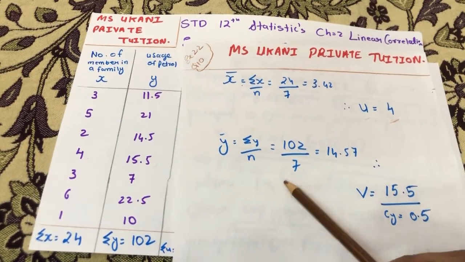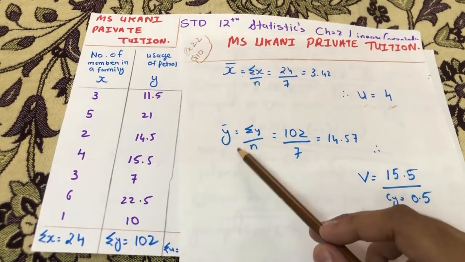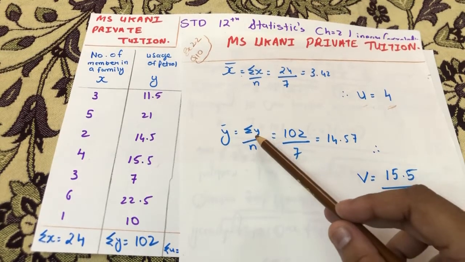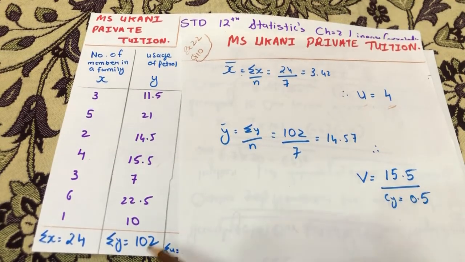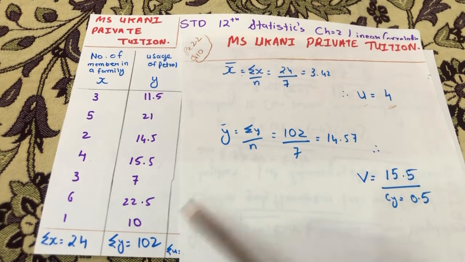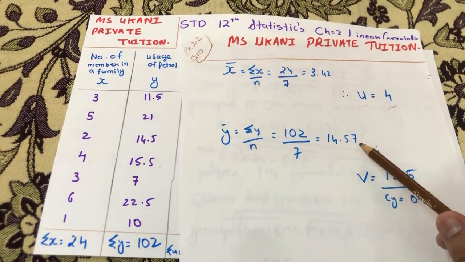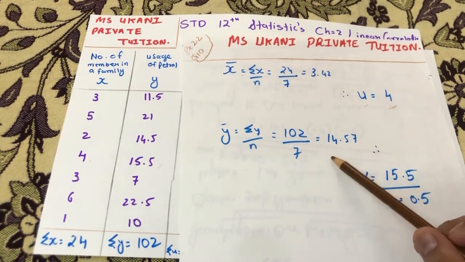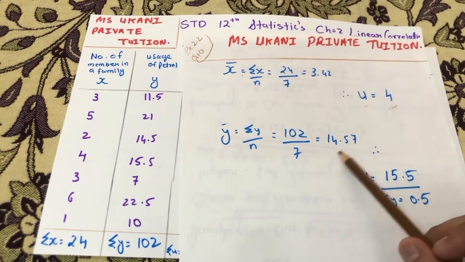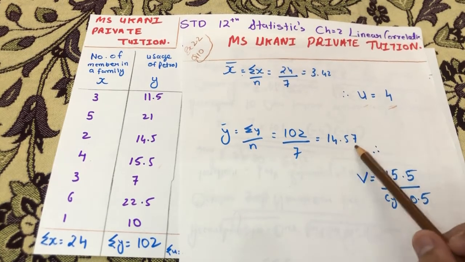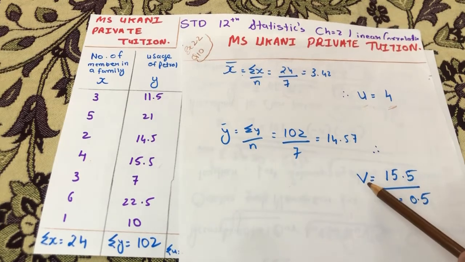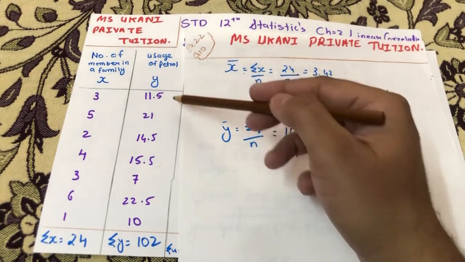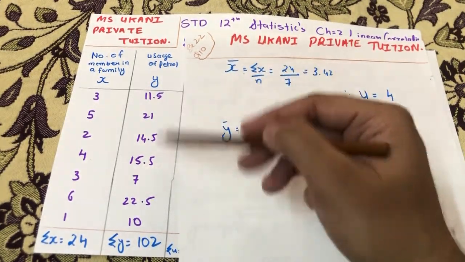Now let us move towards Y bar. The formula for Y bar is summation Y upon N. Our summation Y is 102 upon 7, that is 14.57. Since the digit comes in decimal, we have to assume V. We have to look at the Y column.